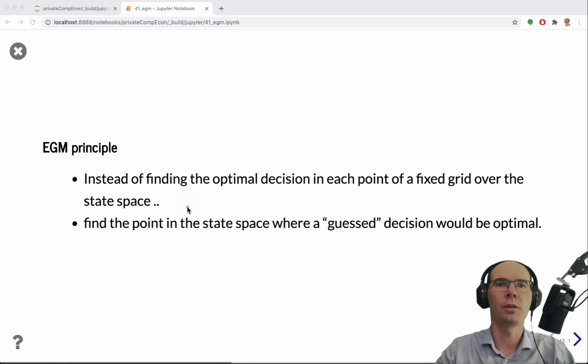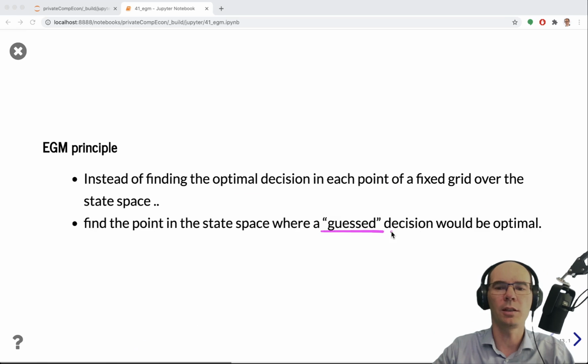And for each point that we fixed up front, for each point on that grid, we would look for the optimal consumption level. Now, instead, with the EGM, we sort of guess the decision by taking a particular value of savings. And of course, savings could also be thought of as a decision variable, just like consumption.